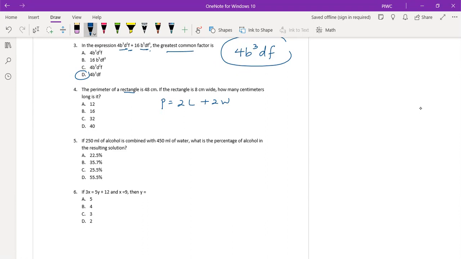We don't know the length, so 2 times L plus 2 times the width, which is 8. Replace that, and this should be equal to 48, the perimeter. And then you solve for L.